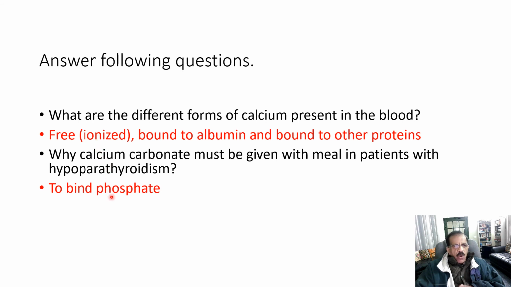So that is how, with calcium carbonate, we prevent absorption of phosphate to minimize the chances of hyperphosphatemia, hyperparathyroidism and chronic bone loss. So this is the philosophy. Calcium carbonate must always be given with meal, and typically it's a large dose, 2 to 3 to 4 tablets with every meal.